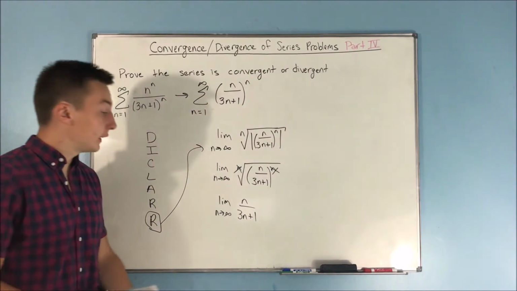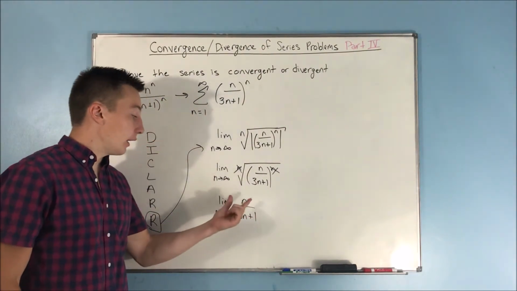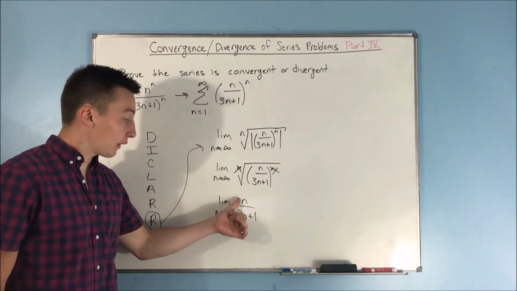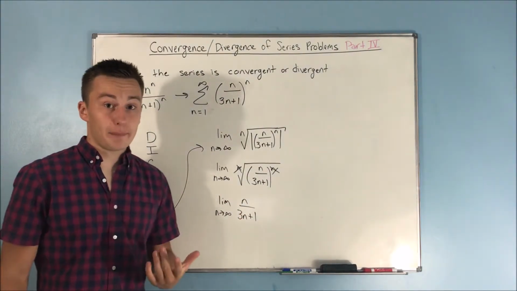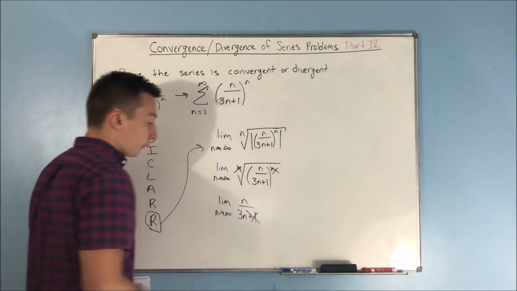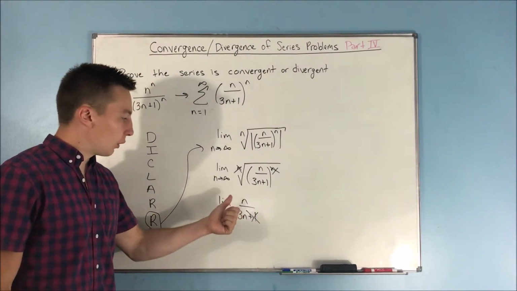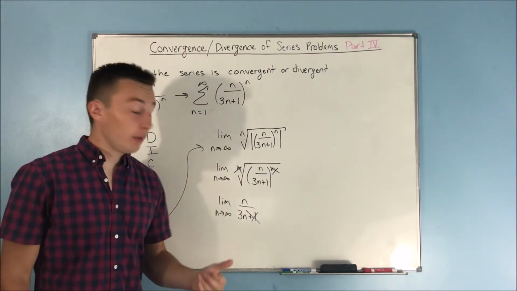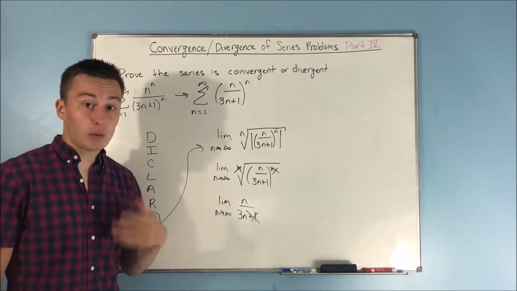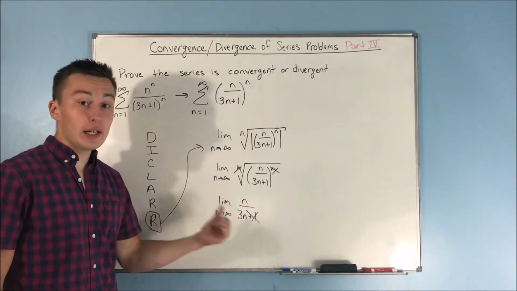Now you can see that your highest power of n is 1. You have n to the first power on the top and n to the first power on the bottom. So you don't really need to worry about this constant here. You just worry about the highest powers of n, so we look at the coefficients. We have a 1 in the numerator as the coefficient of n, and a 3 in the denominator.